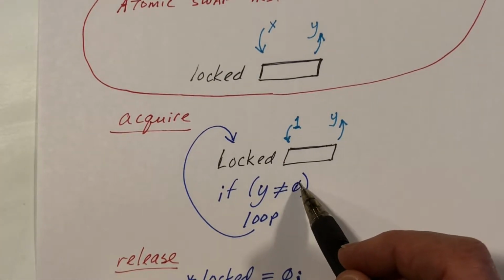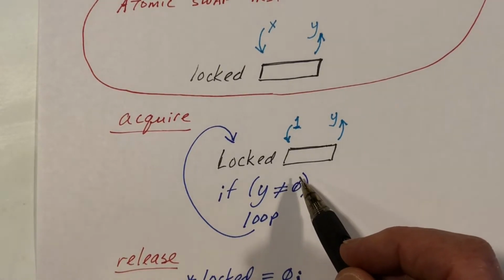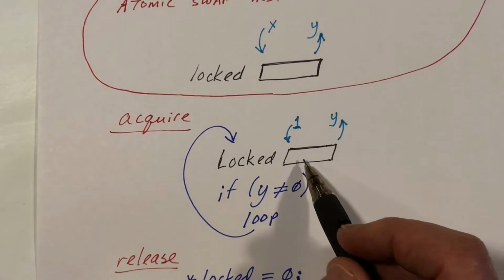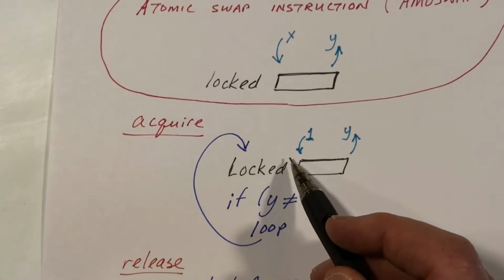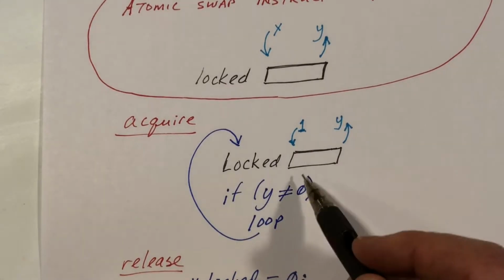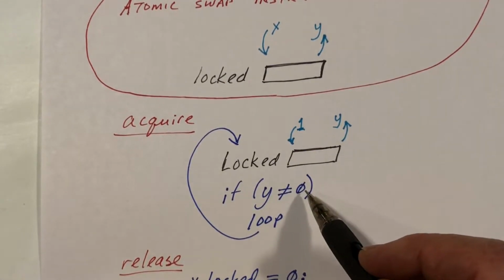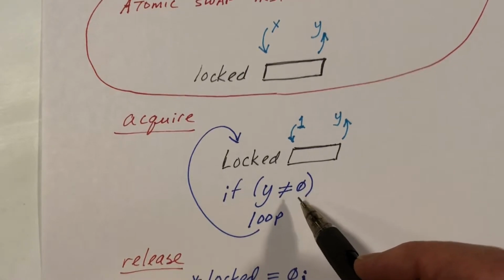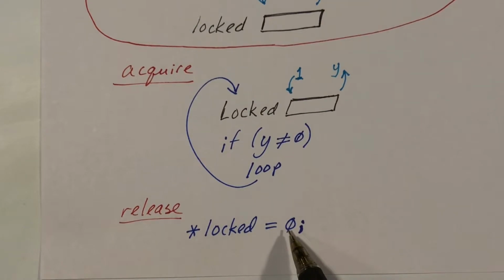But if the previous value was not 0, well, it must have been 1 because there are no other options, then somebody else was previously holding the lock. So we have to loop back and try again. So then we spin until finally we find that the previous value was 0, and we then have acquired the lock. The release operation is pretty straightforward. We just copy the unlocked value of 0 into the word.